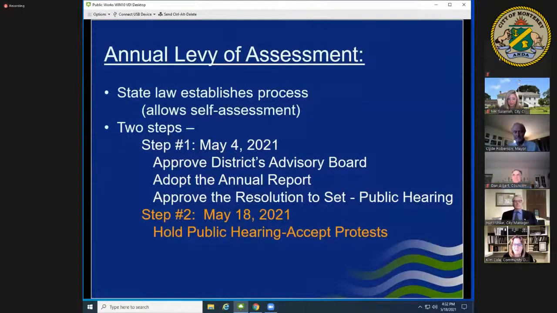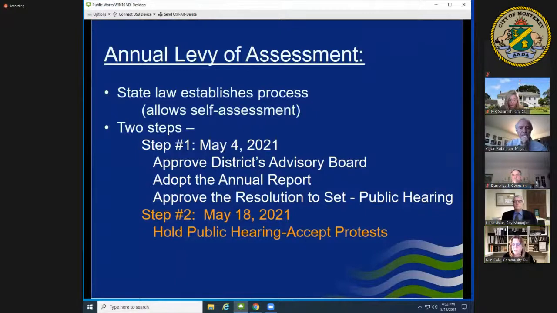State law establishes this process where business districts and businesses can come forth and self-assess themselves. So this really isn't a city-imposed assessment. It is one that the businesses themselves propose, but the city is required to hold this vote annually to make sure that they want to continue in this process.